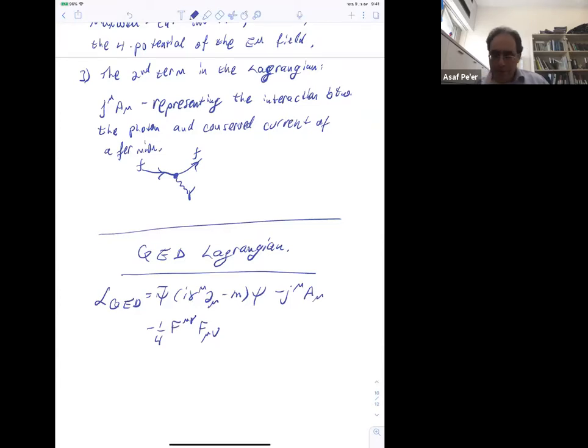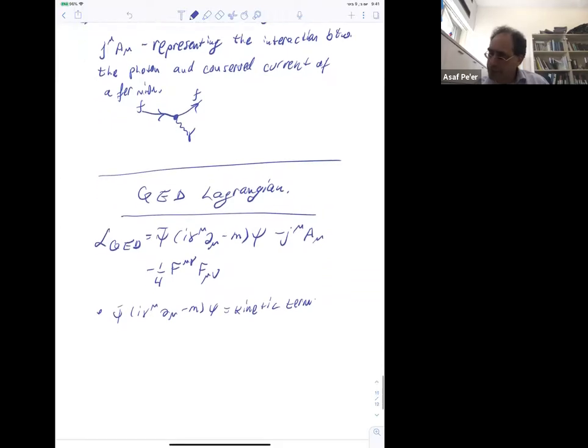So the first term, psi bar (i gamma^mu d_mu minus m) psi, is the kinetic term. This is the propagation of the free fermion.